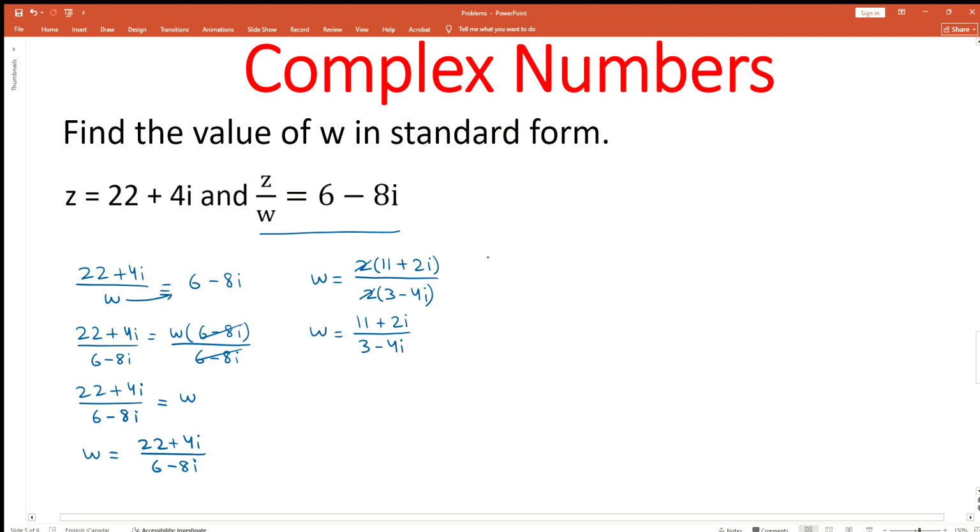We have to get rid of the i in the denominator, so we should use the complex conjugate of the denominator expression. The denominator is 3 minus 4i. The complex conjugate of 3 minus 4i is 3 plus 4i. So we should multiply the numerator and the denominator by 3 plus 4i.